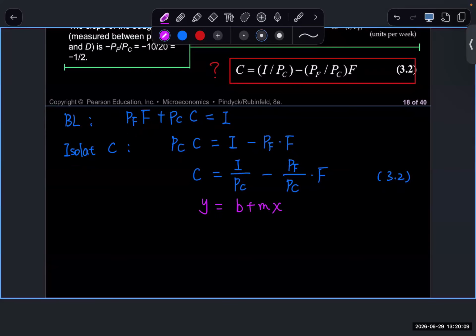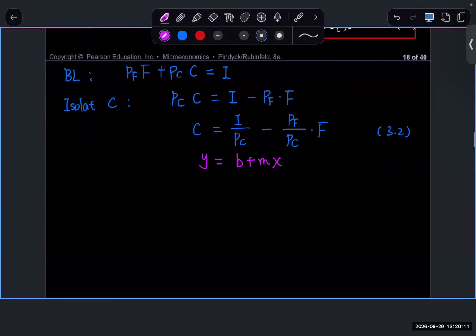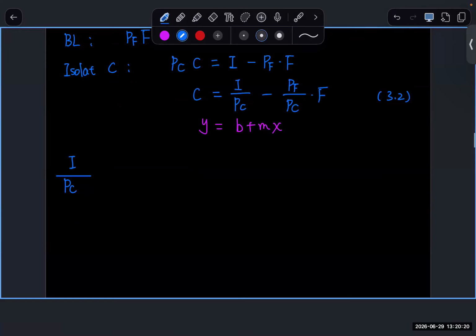So let's see the parts of the equation. What is I over PC? It's the y-intercept, right?